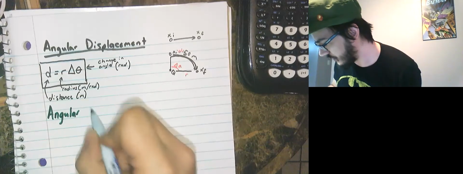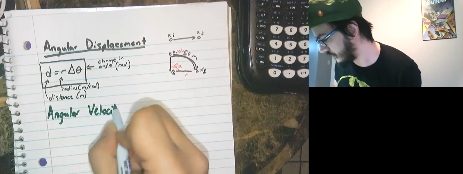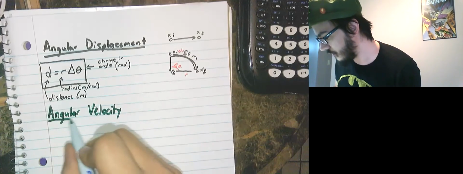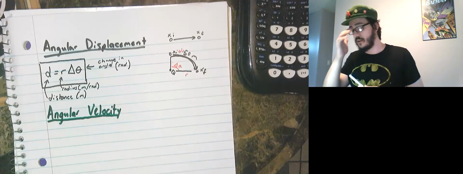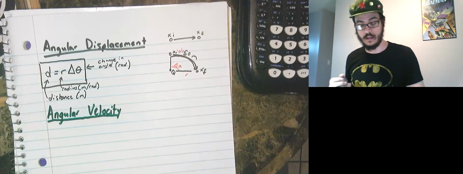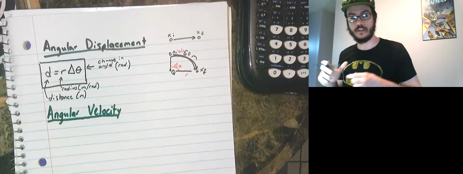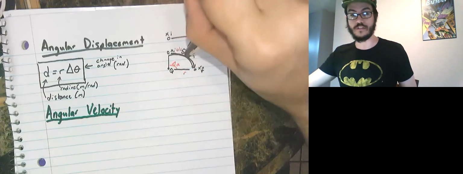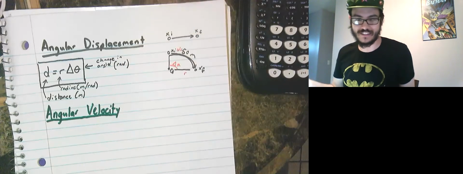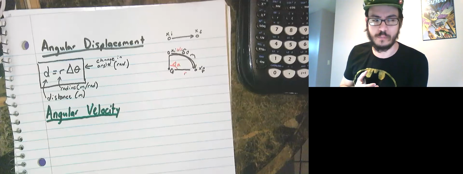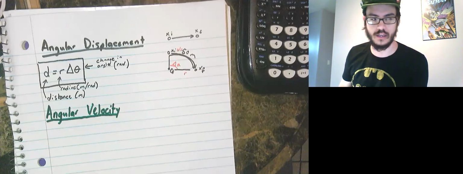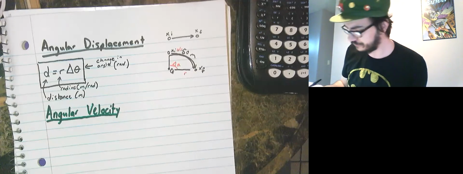Angular velocity. Of course, if you can have angular displacement, and there is always time in this universe, so angular velocity must be an important quantity as well. Not only how far does it spin, but also how fast does it spin. In fact, way more often will you be concerned with the rate of speed rather than the angular displacement.